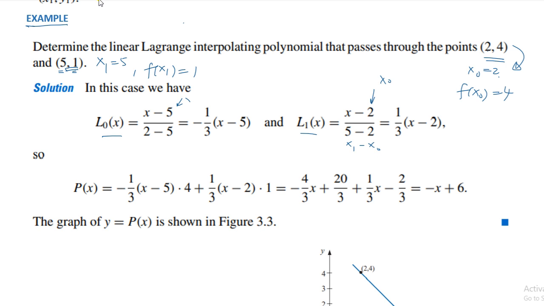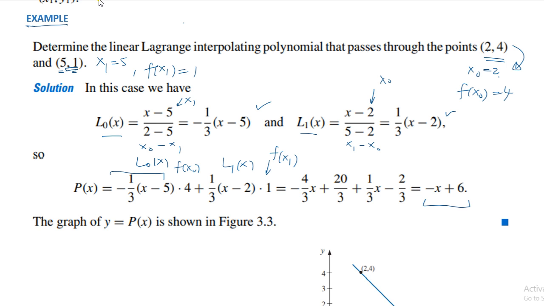Okay, so I got these two things. Now I will write them with f(x). So this is my L0 and this is f(x0), and this is L1(x) and this is f(x1). So this is the formula. I wrote the formula and this is my Lagrange polynomial.